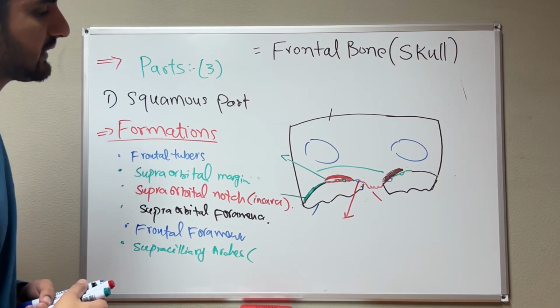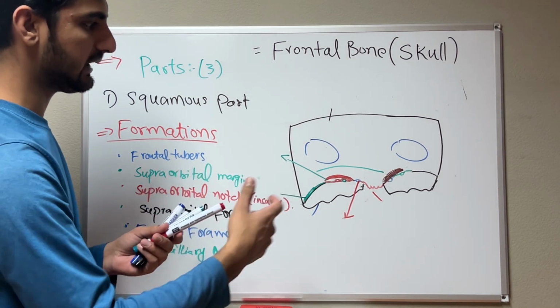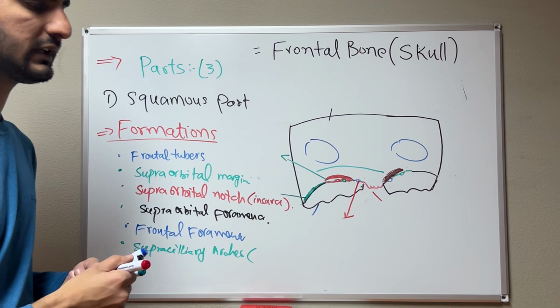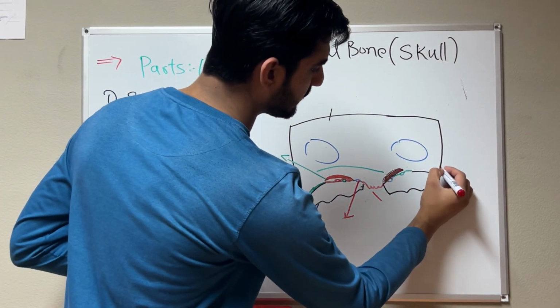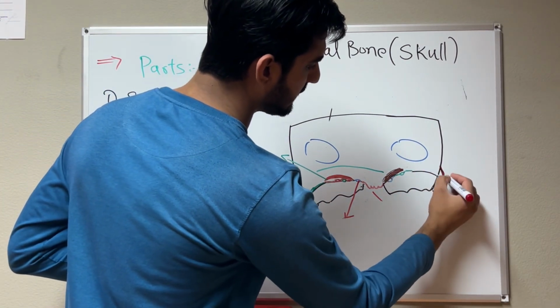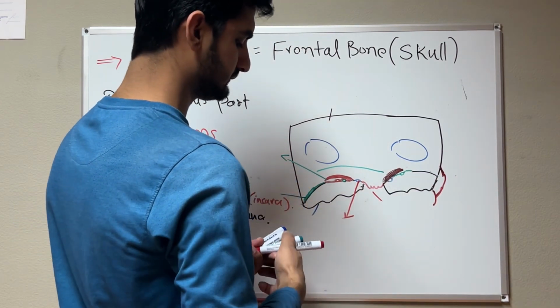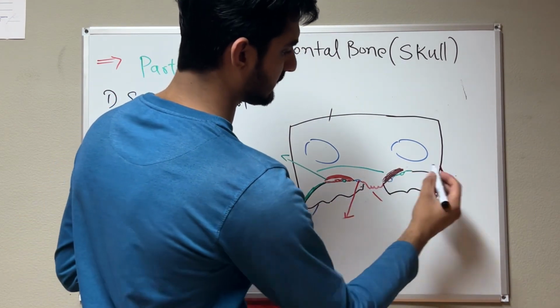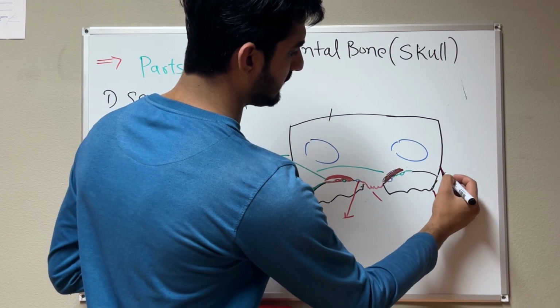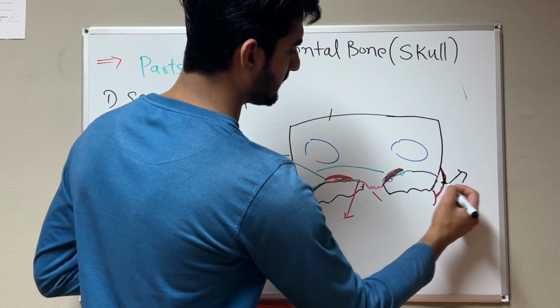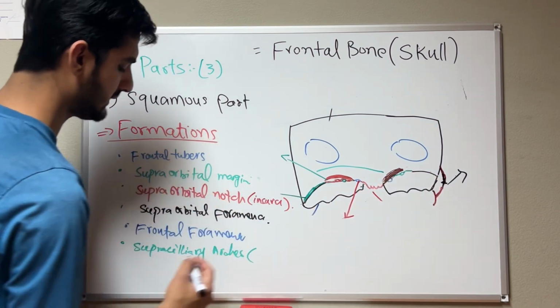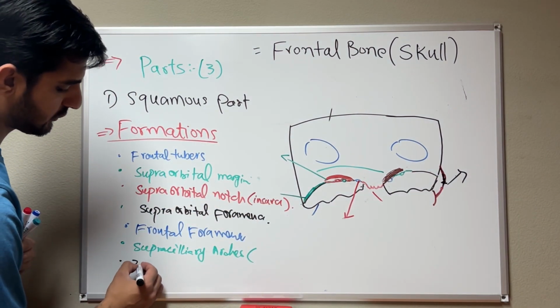Next formation: if you come to the lateral side, which bones do we have in the cranium? We have the temporal bone, and here we have the zygomatic bone. This connection with the zygomatic bone, this area, is called the zygomatic process.